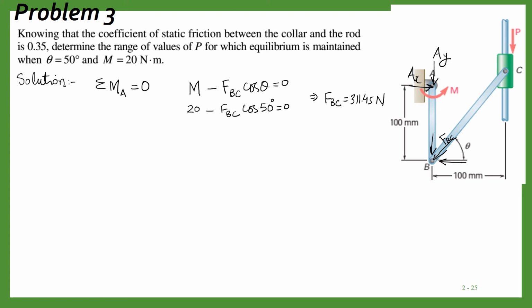Now second, we will make the free body diagram of collar C. Now there are two conditions: one condition can be motion impending upward and the other motion impending downward. So let us consider the first case, motion impending downward.